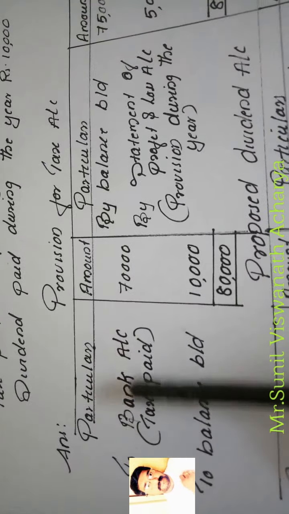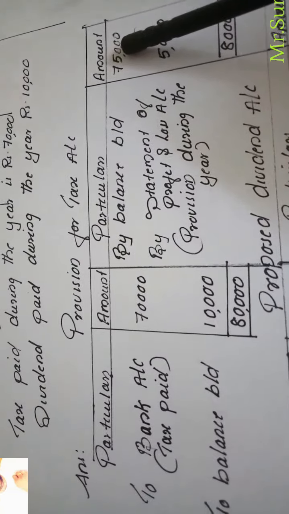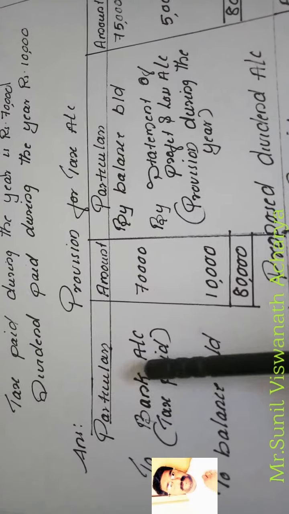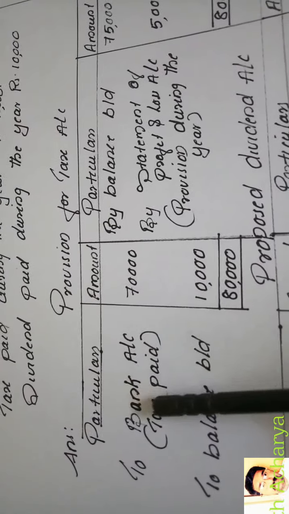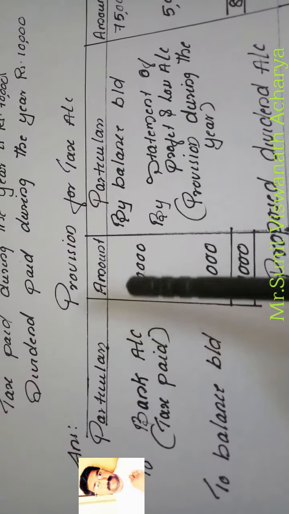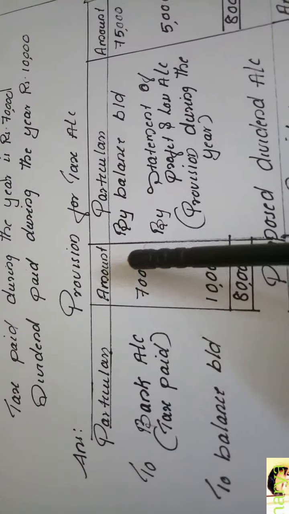That amount, 70,000, is given to bank account. So we have written the opening balance and closing balance, and the adjustment we write as to bank. For understanding only, I wrote tax paid in brackets, 70,000.